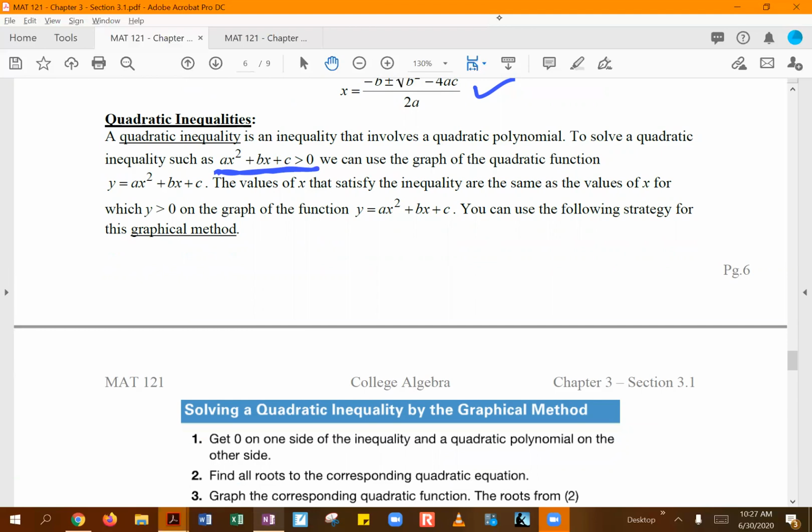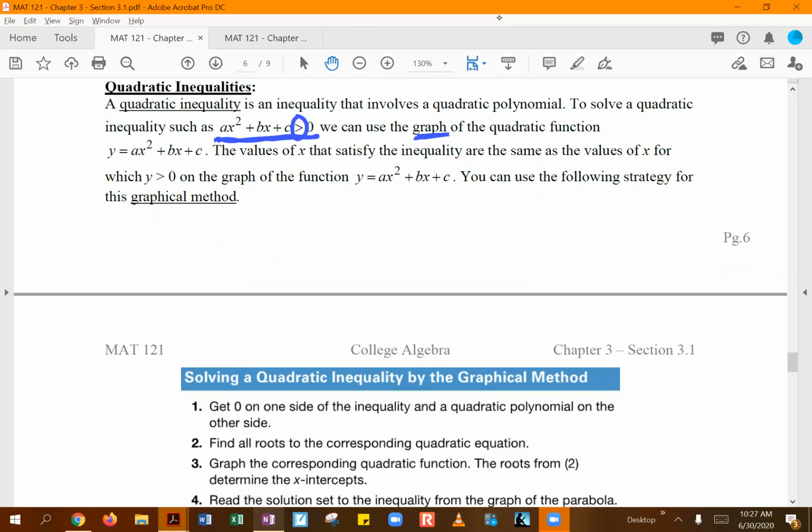And of course, you know that inequality symbol can be any one of the 4: greater than, less than, greater than or equal to, less than or equal to. But you can basically use the graph of your function to help you solve the quadratic inequality. So just graph this function, and then see where the y values are going to be positive, negative, or 0.